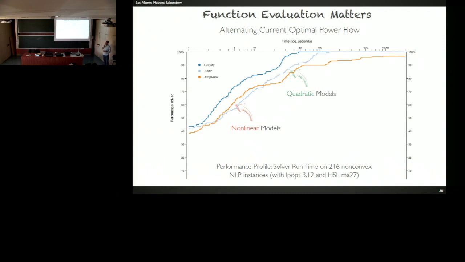So here I'm presenting the exact same 216 instances of ACOPF. You have the quadratic and the nonlinear formulations. So this is a performance profile showing the percentage of instances solved with respect to time, and on this axis, log scale of time, comparing Gravity, JuMP, and then there's the AMPL NL writer in Julia. So you can write the model in JuMP and then write an AMPL output file.